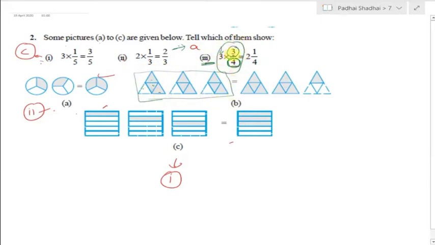Now adding all of them, we will get 2 integer 1 by 4. Here we have 2 whole figures shaded, and the last figure is given as 1 by 4. We can compute 4 times 2 is 8, plus 1, 9 by 4.